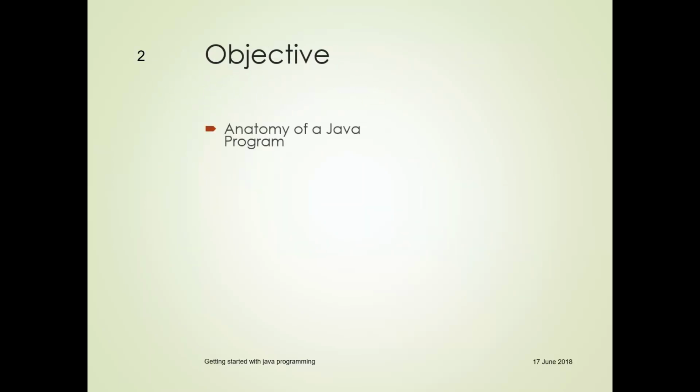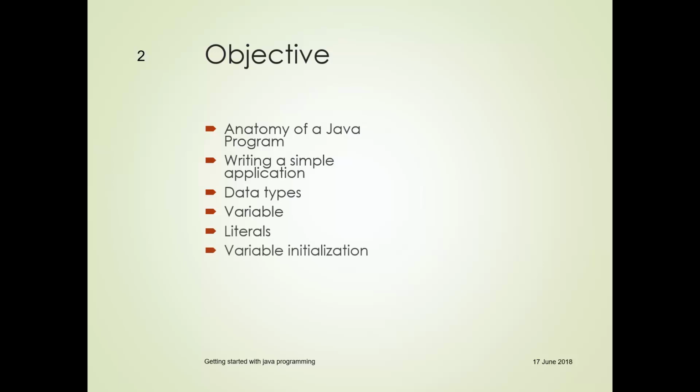So the objectives: what we are going to cover in this session. First of all, the anatomy of a Java program, writing a simple application, various data types in Java, what variables are, what literals are, how we initialize and use a variable, calling methods from static methods, what the string class and its methods are.